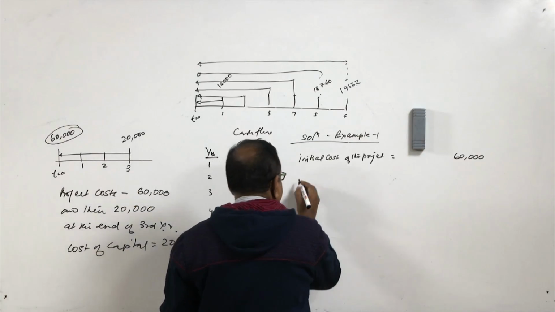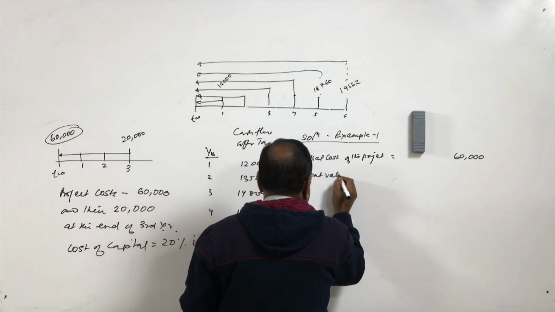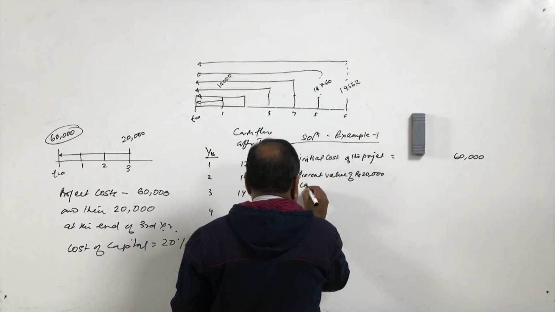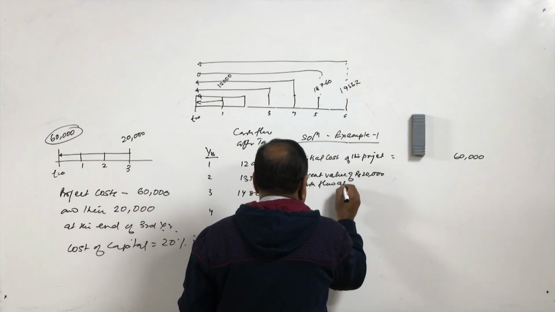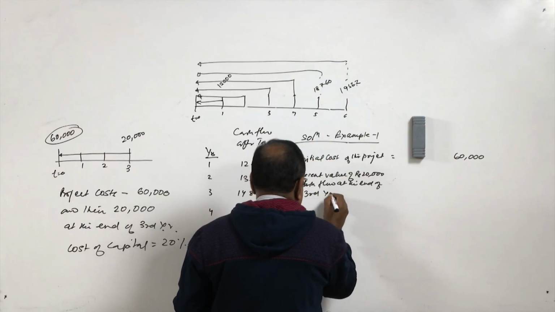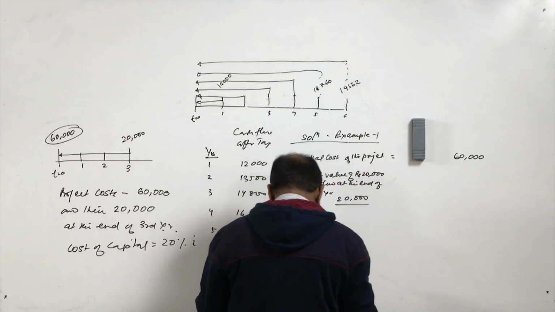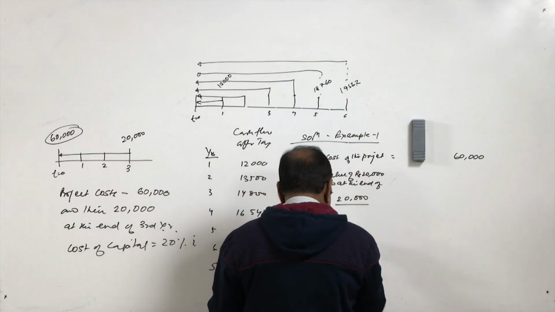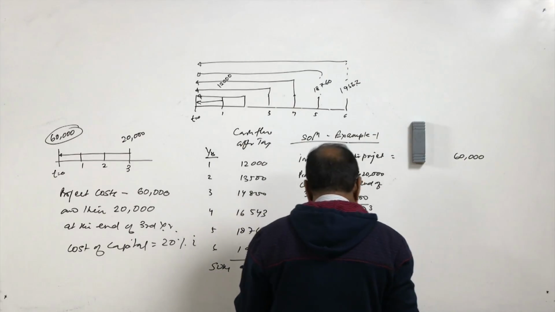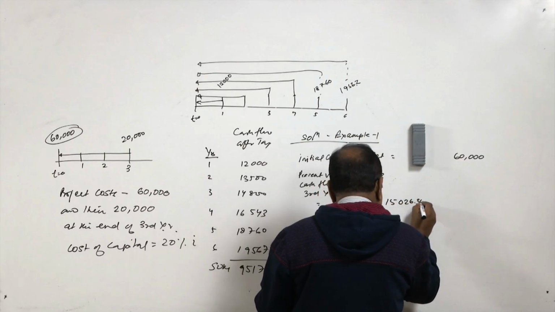So, present value of this cash flow, value of rupees 20,000 cash flow at the end of third year is equal to 20,000 divided by 1 plus 0.13 cubed, this comes out to be 15,026.30.